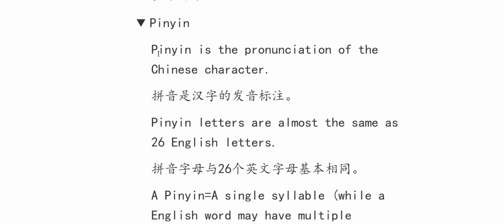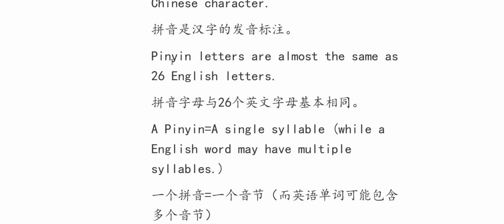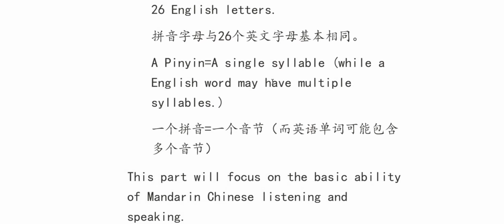Next, let's have a look at Pinyin. So Pinyin is the pronunciation of the Chinese character. Pinyin letters are almost the same as 26 English letters. A pinyin is a single syllable, while an English word may have multiple syllables.